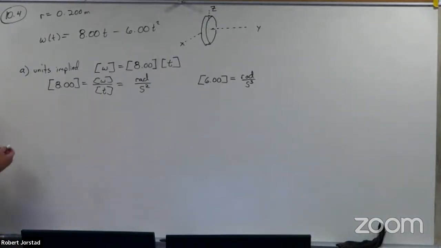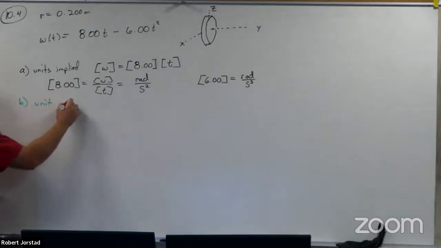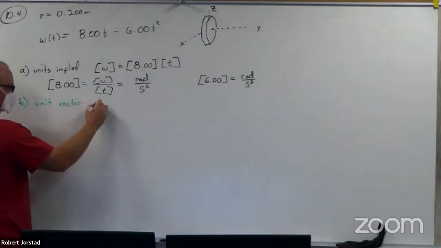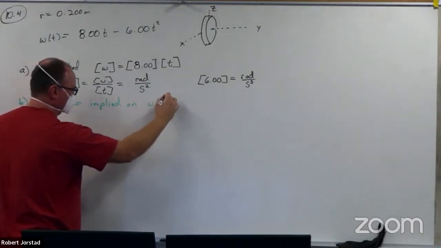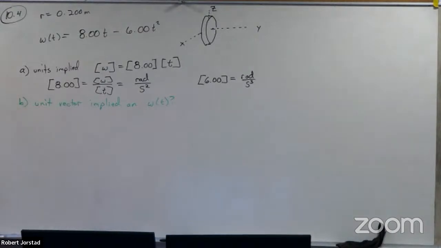B. What unit vector is implied on this omega as a function of time, according to this picture? It rotates in the XZ plane.